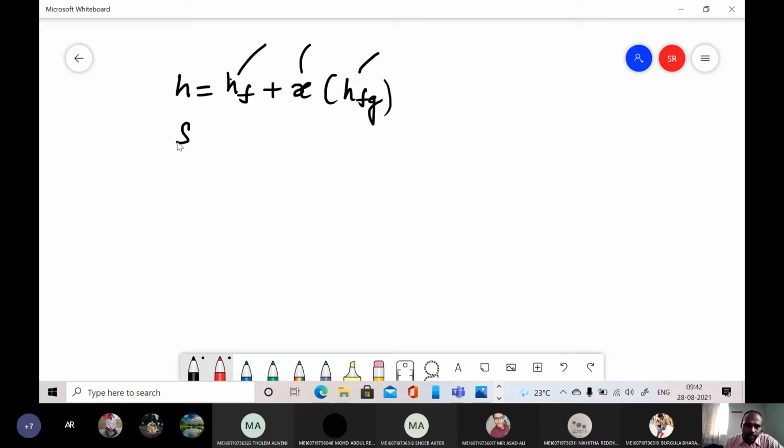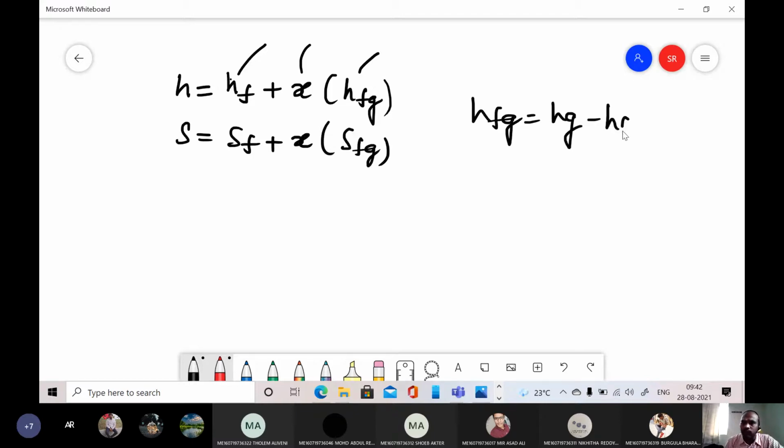Similarly, S is equal to Sf plus X into Sfg. How to write this Hfg and Sfg? Hfg is equal to Hg minus Hf, and Sfg is equal to Sg minus Sf.